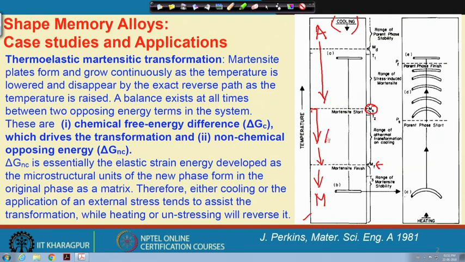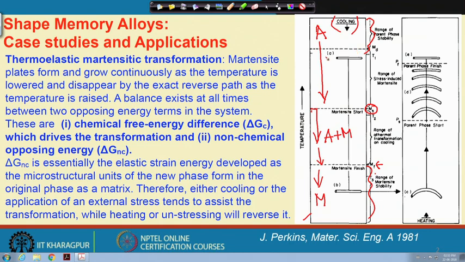So, here I have austenite plus martensite. So, this is the temperature range where martensite is stable, and this is the temperature range where austenite is stable.